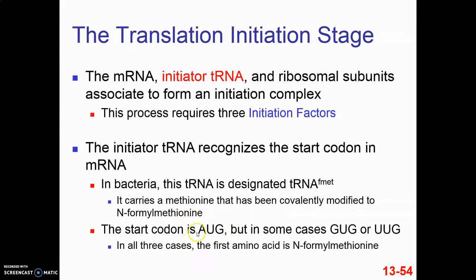Now, the start codon is, of course, AUG, but in bacteria, you can also sometimes use GUG or UUG, particularly when they are part of what we call an operon. And I'll discuss more about that later. But there is a little bit of flexibility. But regardless of what that codon is, it is putting in N-formyl methionine.